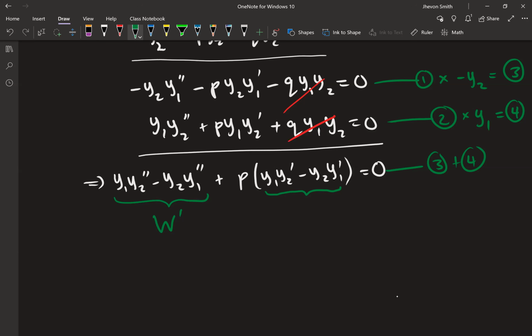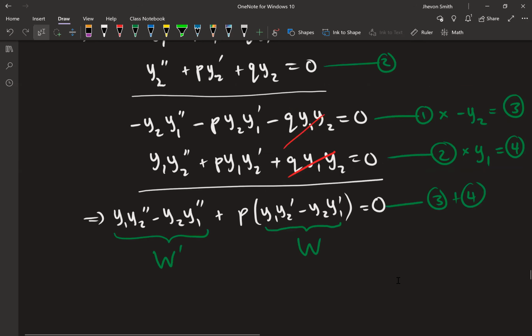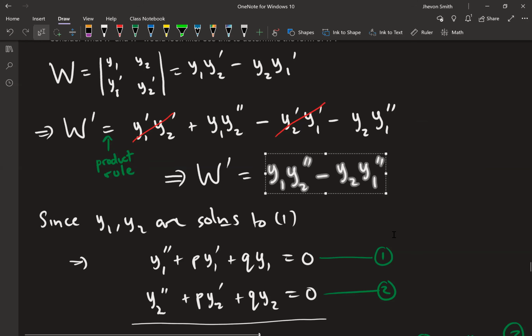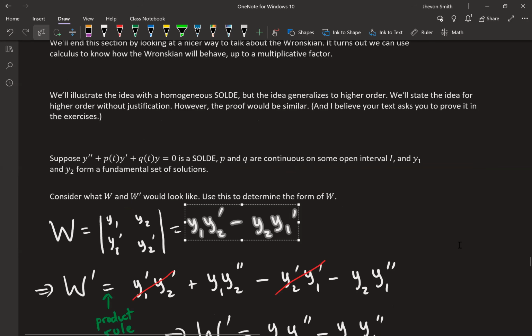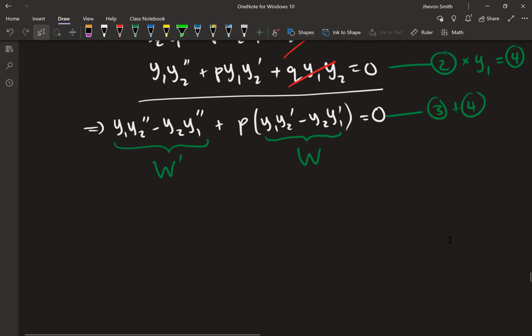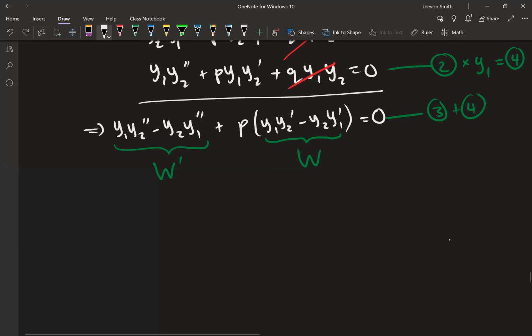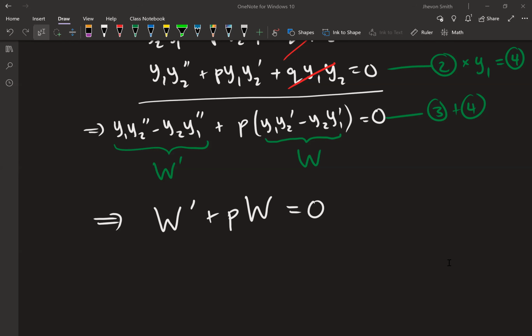I derived that for you earlier. This here is W. Those are the guys right here, W prime and W. So in other words, this gives me an equation, W prime plus p times W equals 0. So I now have an equation with the Wronskian involved and a derivative of the Wronskian involved. Look at that. I just created a differential equation for the Wronskian.